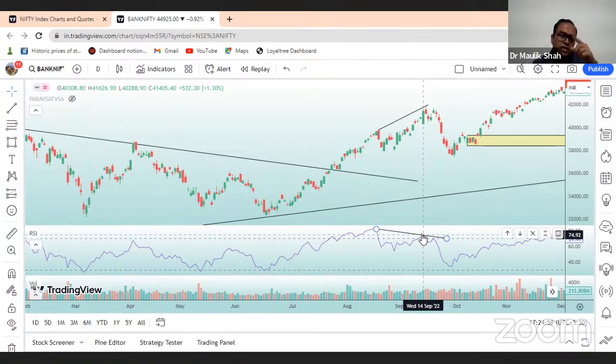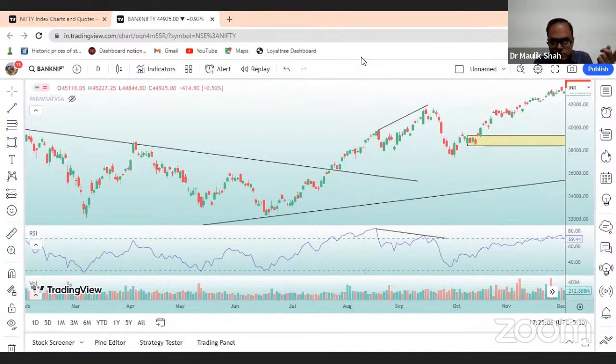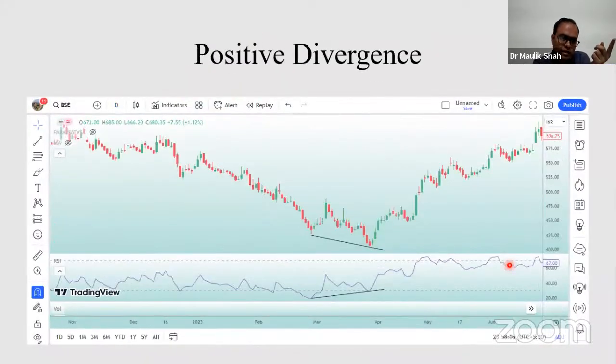Similarly, in the positive divergence example I shared, RSI made a higher low. That means the RSI went upside, so the price is probably going to go upside. So RSI is a leading indicator.